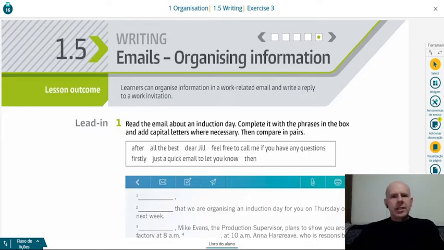An induction day is the day when you start your work. Read the email about an induction day. Induction. The process of introducing somebody to a new job, skill, organization, etc. A ceremony at which this takes place. Induction into the local business community.